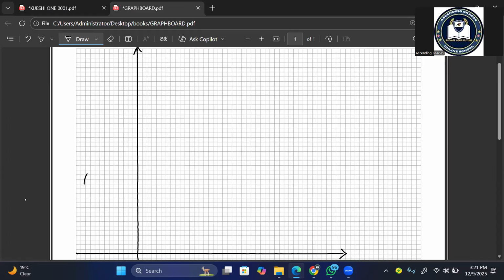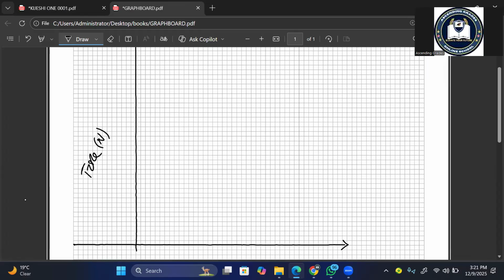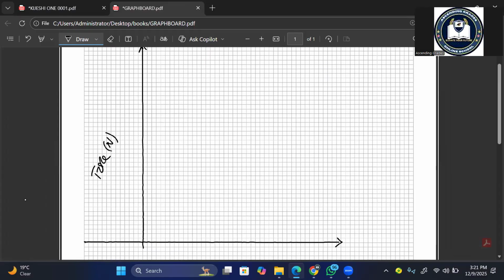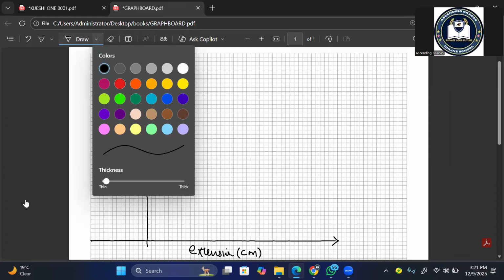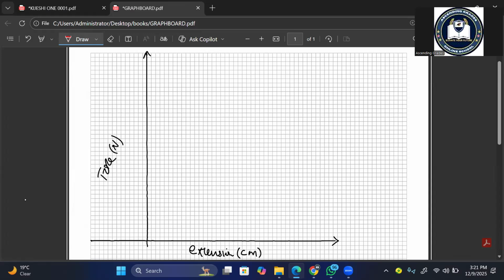Then you can see we are having force in newtons. Then on the other side, we have extension in centimeters. Then at 0, 0, the first thing is to identify the scale.